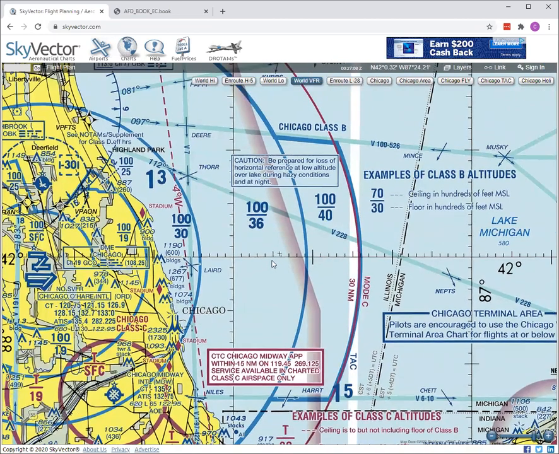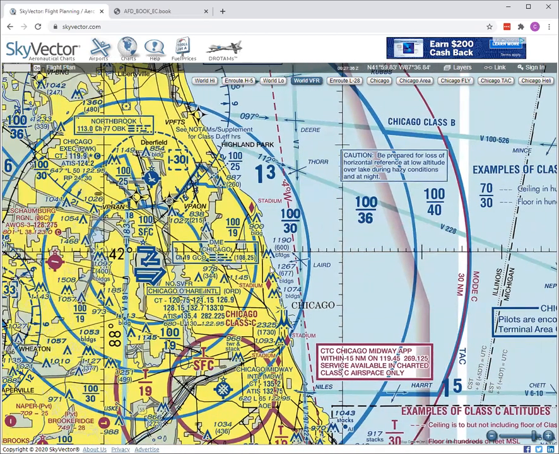Now, Class Bravo does not have a designated set pattern that it follows, so it is more like an upside down cake, but it really depends on where it's at what it's shaped like. So they're all unique in their own way, and you can't really specify what they look like. They will be in an upside down cake fashion, like Class Charlie, but how big they are and where they start is all dependent on their area.